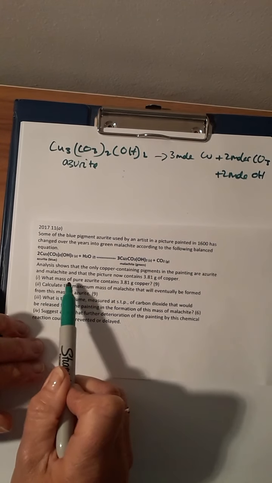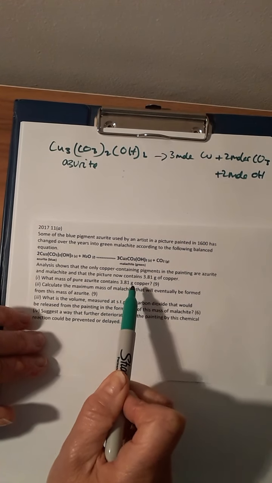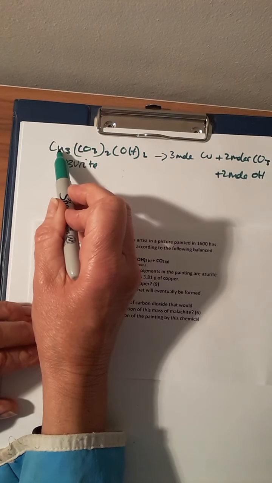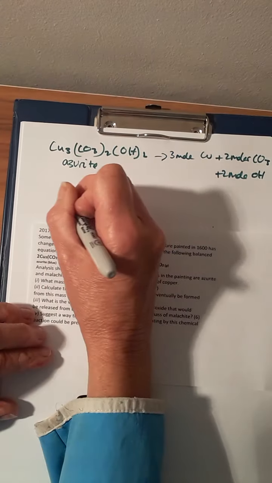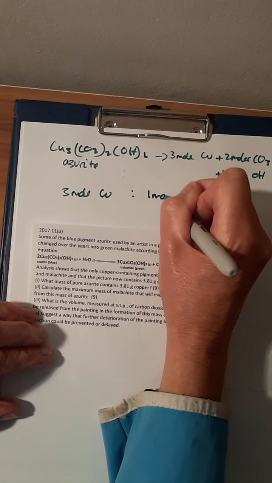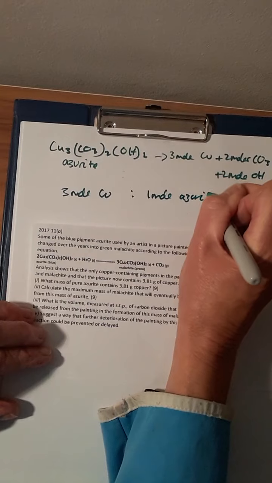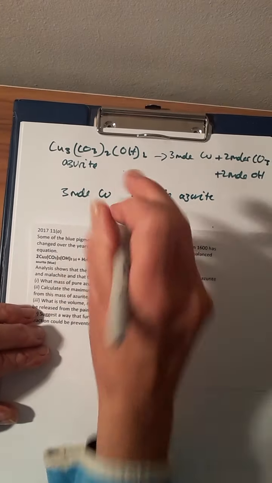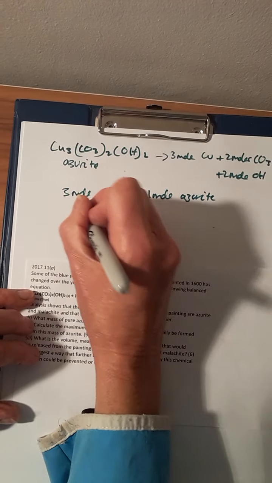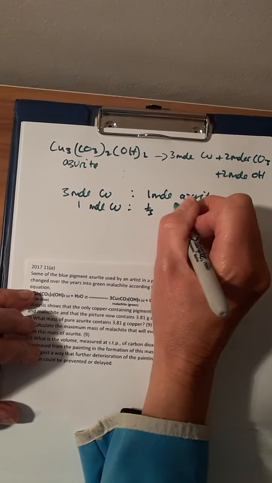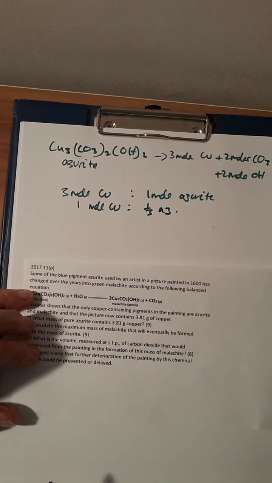So it says, what mass of azurite contains 3.81 grams of copper? So 3 moles of copper comes from 1 mole of azurite. So 1 mole of copper comes from 1/3 of a mole of azurite.